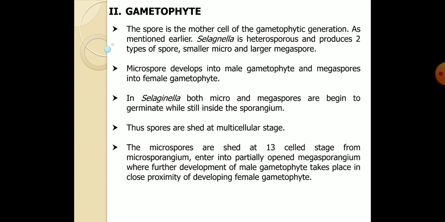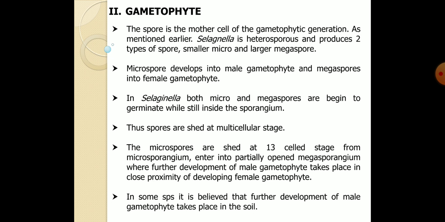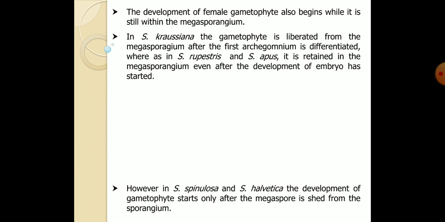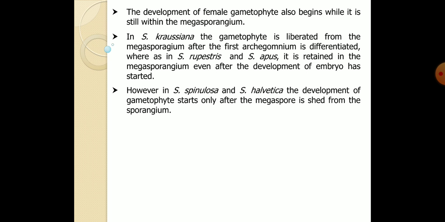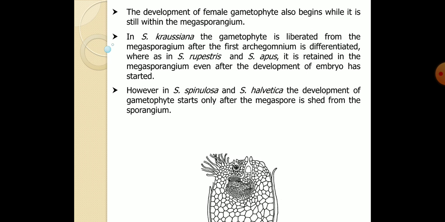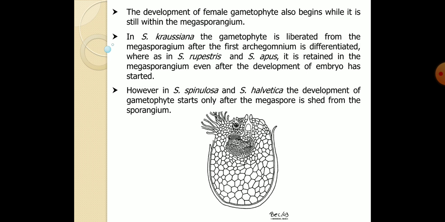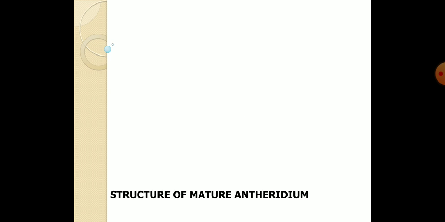When they germinate, the microspore first undergoes divisions to a 13-cell stage, and later it follows the different stages of development. This is how the pre-megaspore is formed in the sporogenous cavity.